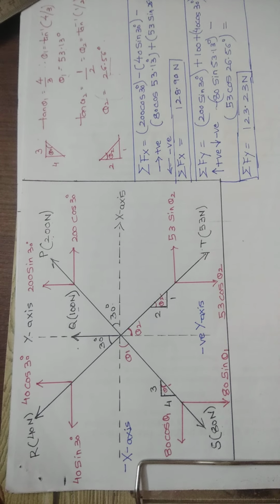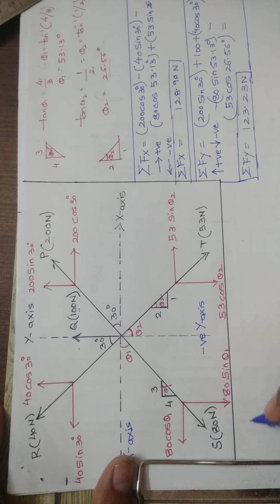The second last step is to find the resultant. Our formula for the resultant is R equals the square root of the summation of Fx squared plus the summation of Fy squared.